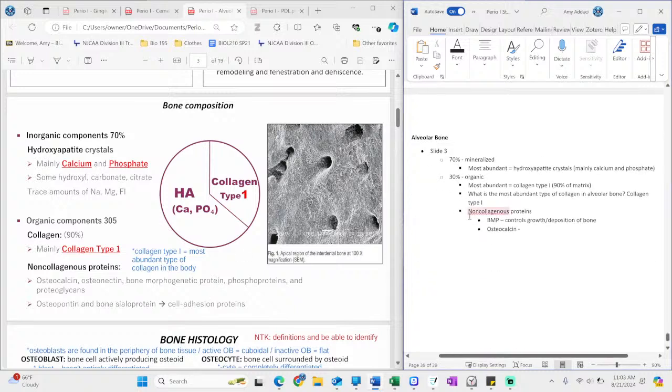Let's say that you have, and I'm going to dig into your memories from even pharmacology, a 65-year-old patient that comes to you and he has periodontal disease. And because of that, you know bone is involved.